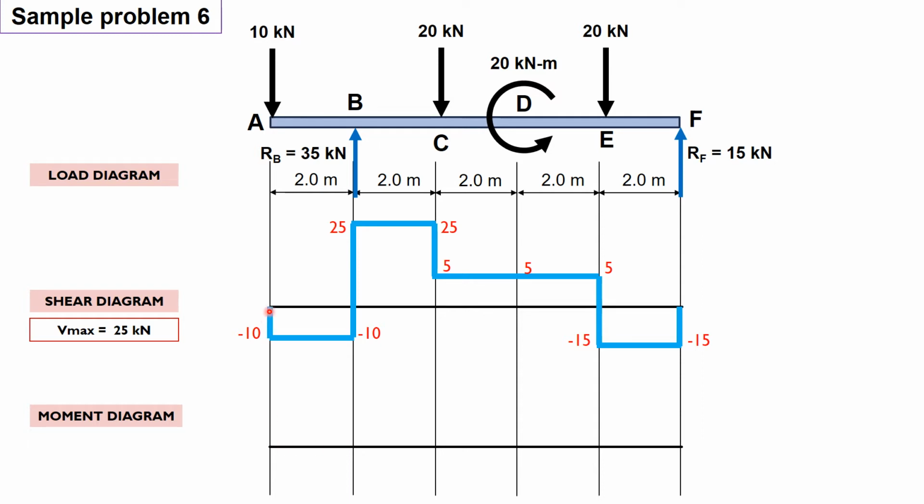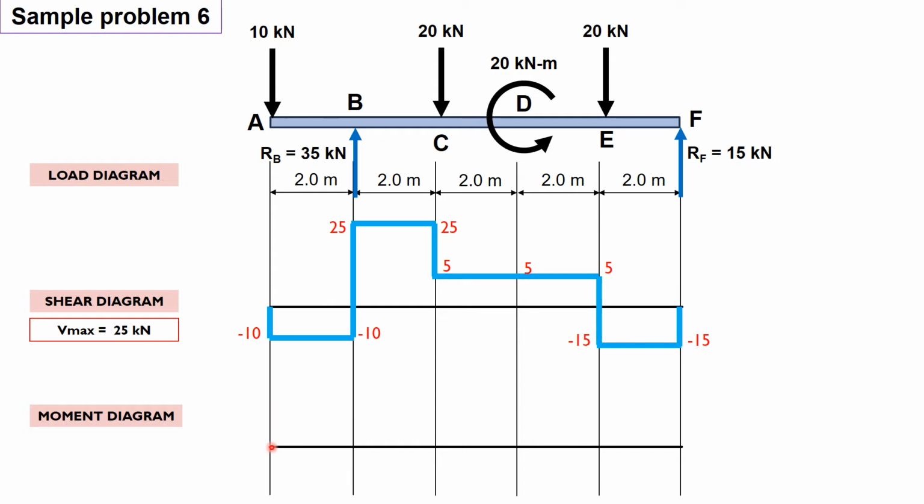So notice that from A to B, you have here the shear diagram for AB. At itong shape na ito is rectangular.